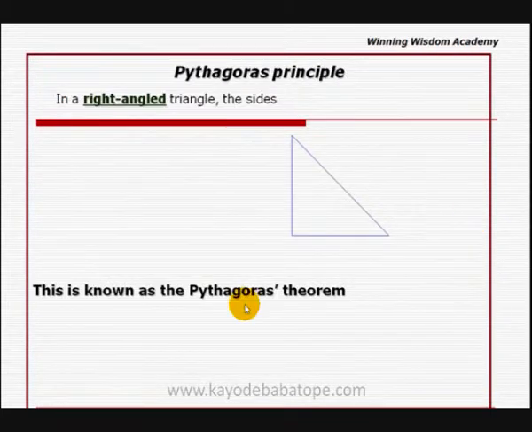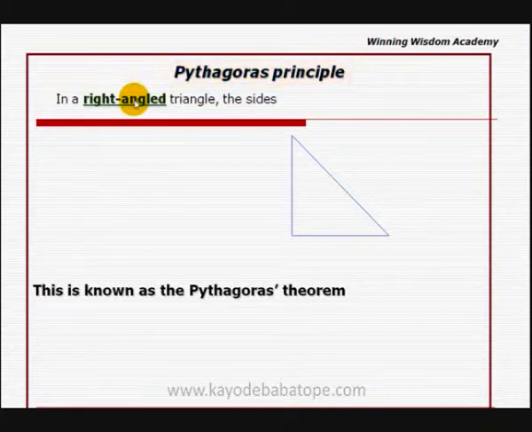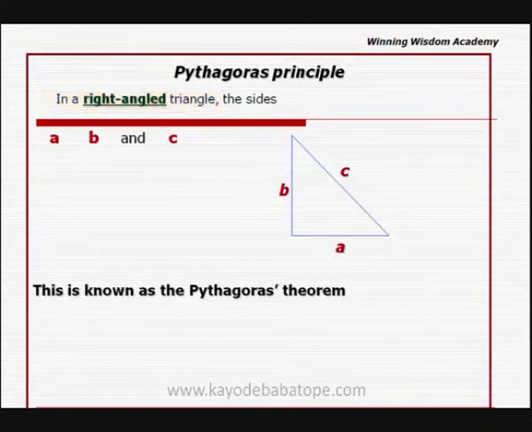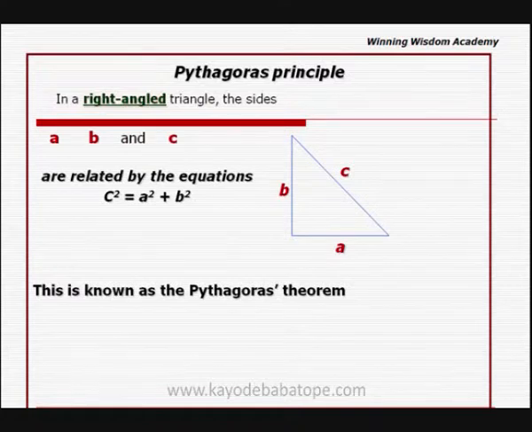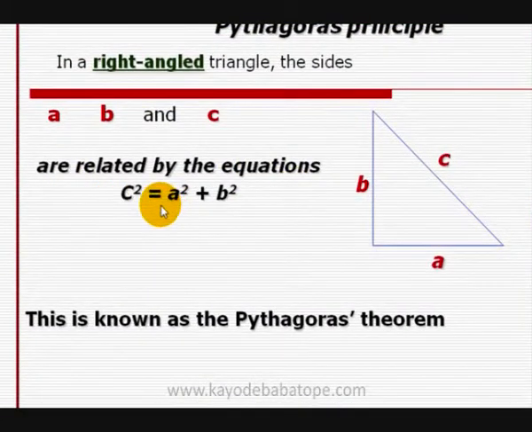Another important point of review that you should take note of is what is usually called in mathematics the Pythagoras principle. The Pythagoras principle states that in a right angle triangle, the sides A, B, and C of a triangle are related by the equation C squared equals A squared plus B squared.